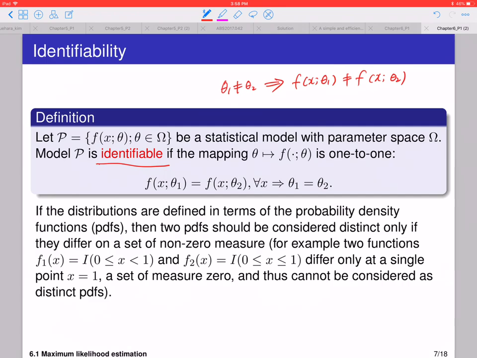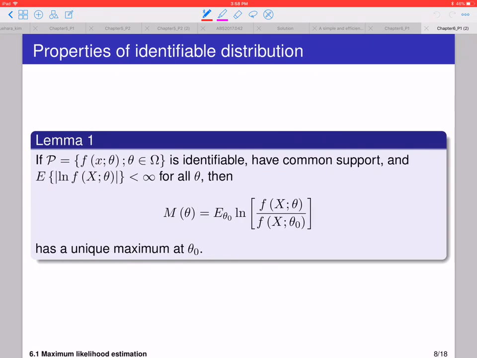That is the definition of identifiable. One property of an identifiable distribution is that, given zeta null, you can write this as a function of zeta only, with a unique maximum.